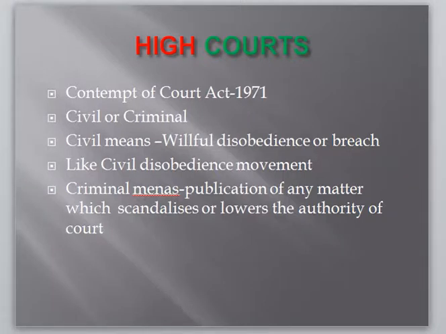And the next is criminal contempt of court, like publication of any matter which scandalizes or lowers the authority or dignity of the high court. It comes under criminal contempt of court, as per the Contempt of Court Act 1971. Just remember that.